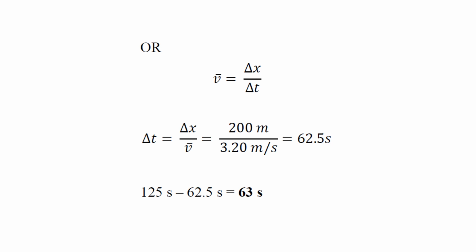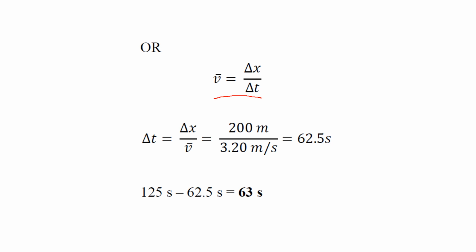The other way, starting from the definition, if you just plug into the definition, average velocity is delta x over delta t.